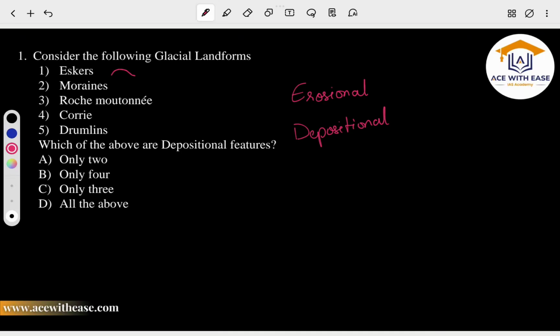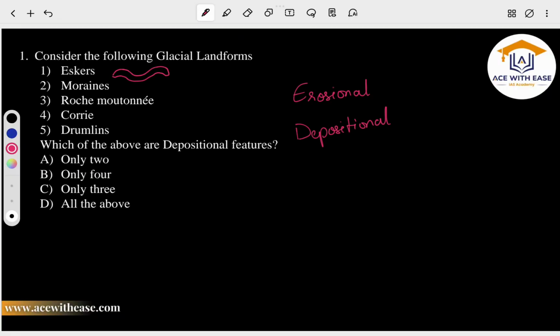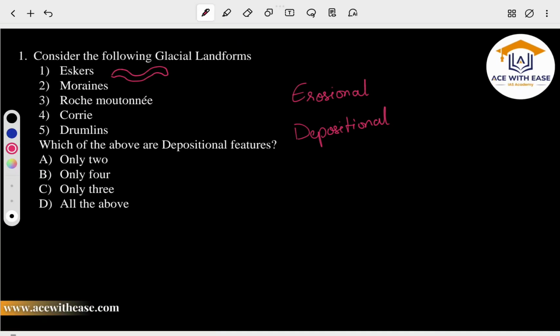Moraines are present at the end of the glacial depositions. Whereas roche moutonnées are where, when the glacier has been moving, the mountain is scraped and rounded mounds are present.